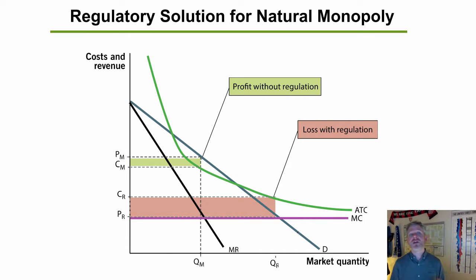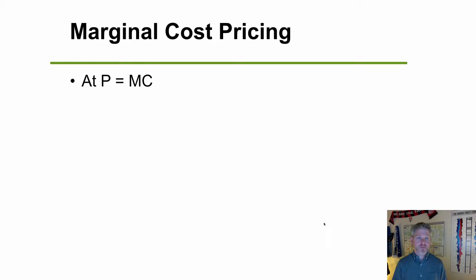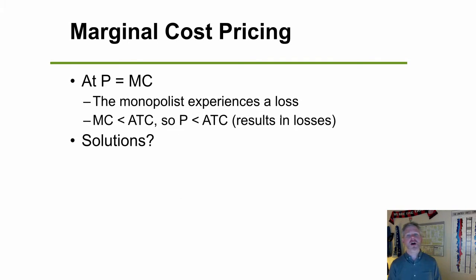And all of those benefits that we wanted from this natural monopoly, having the low average total cost, would never be realized. All right. So marginal cost pricing is where price equals marginal cost. The monopolist will experience a loss because marginal cost is less than average total cost. So price is less than average total cost.